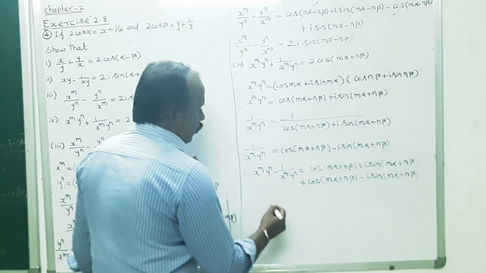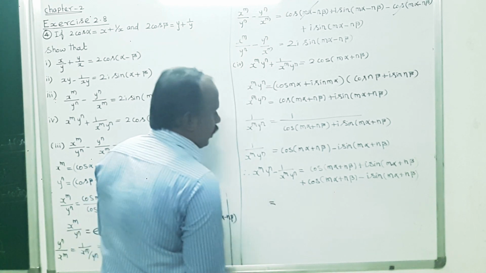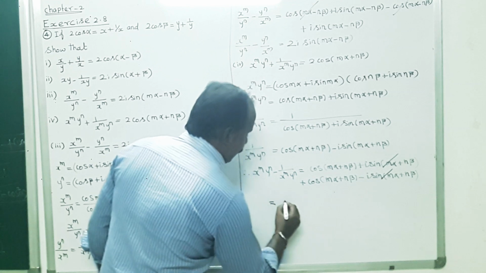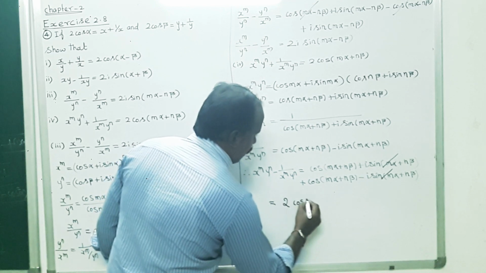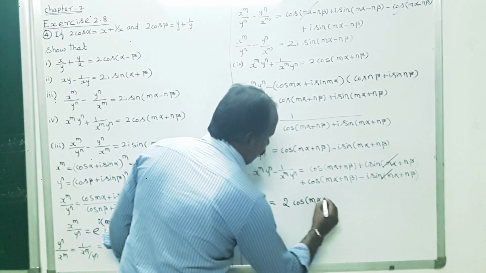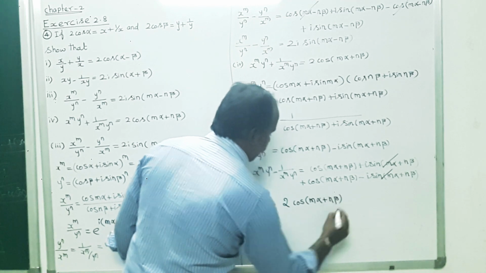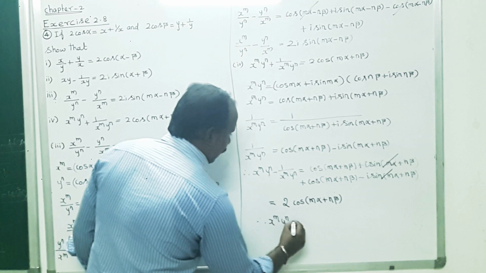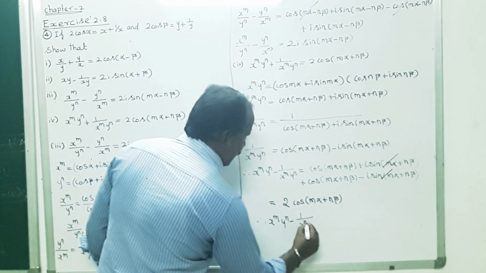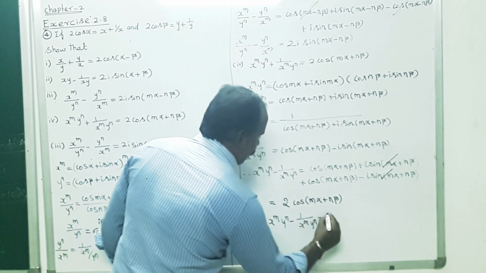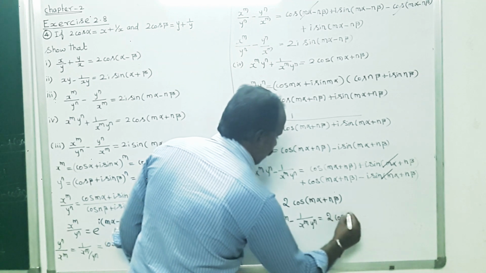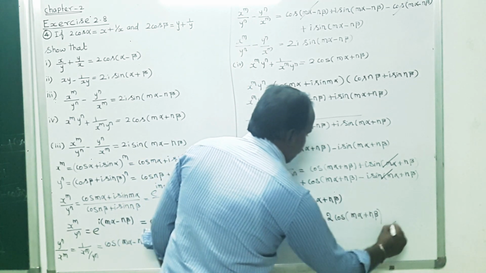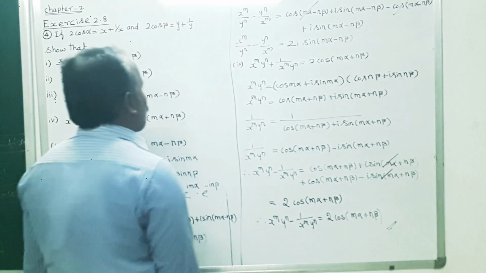So is equal to, the common value, imaginary part should be cancelled, remaining 2 times cos of m alpha plus n beta. Therefore x power m y power n plus 1 divided by x power m y power n is equal to 2 times cos of m alpha plus n beta. Hence the 4 results are proved.